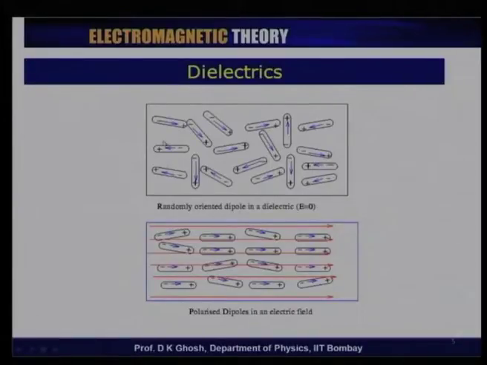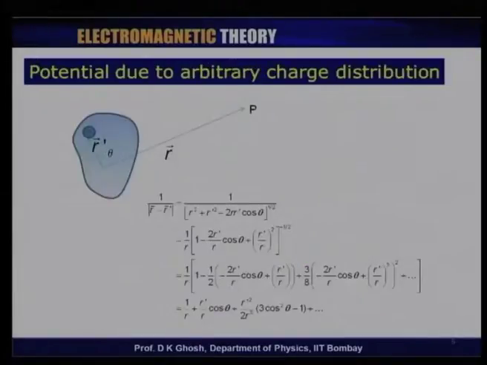And these dipole moments, which were randomly located, start aligning such that this is negative, positive, etc. So, if you add up these vectors, you find that the material has developed a net dipole moment. And this is what we are going to be looking at: materials which have developed some dipole moment.